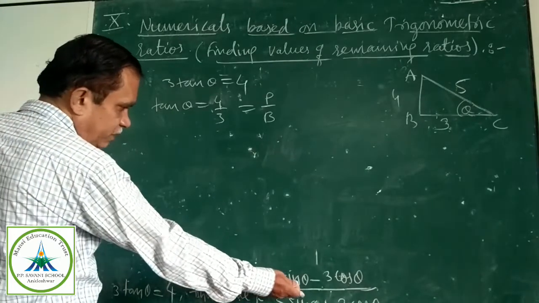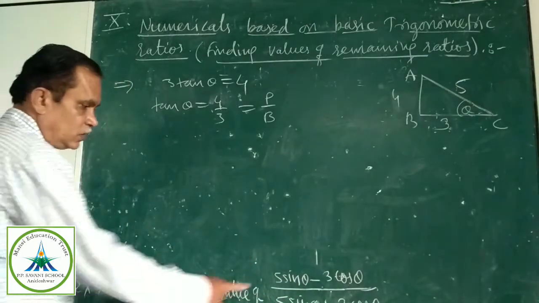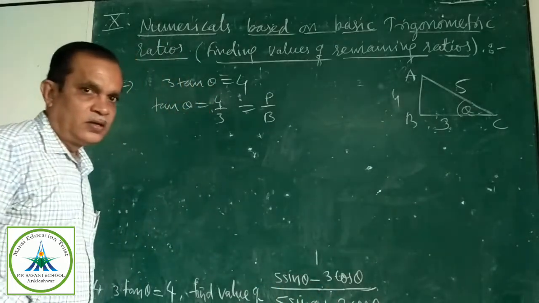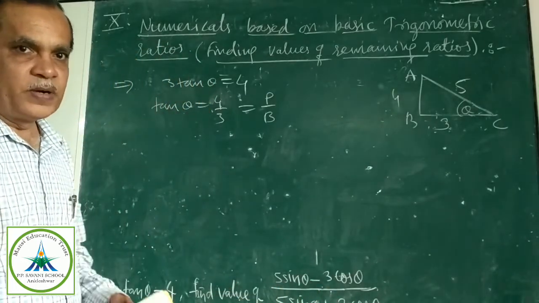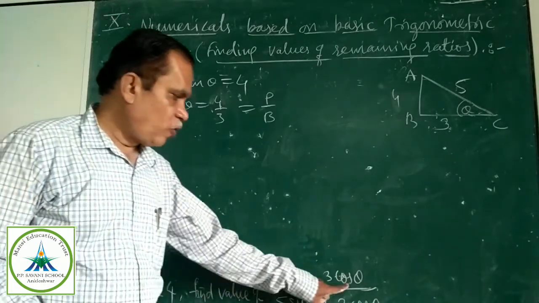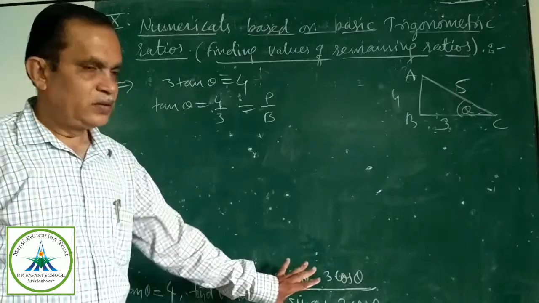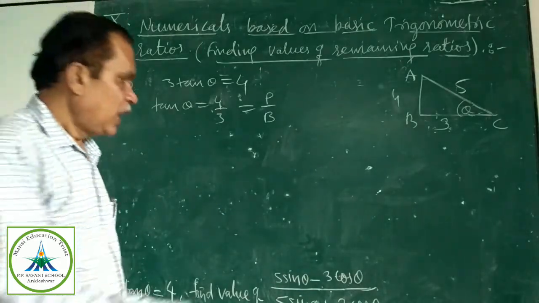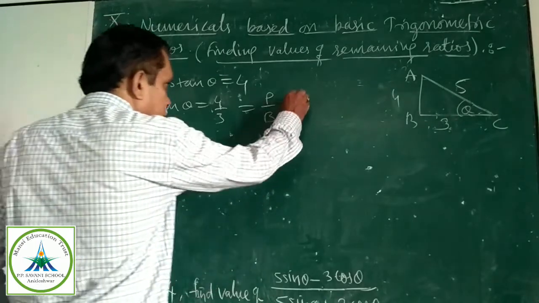Now see, they are asking to find the value of this: sin theta, cos theta. Here there are two ways. First, some students will find the value of sin theta and the value of cos theta and put them in the expression. I am just doing both ways.